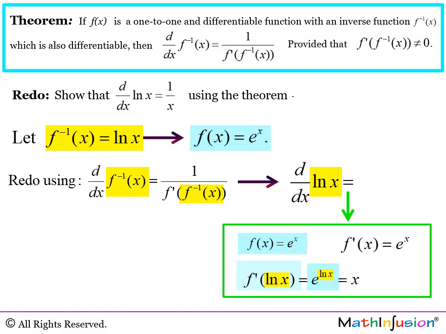But if you see, in the denominator here, we have f prime of f to the negative 1 of x, which means it's going to be now f prime of ln of x. f prime is e to the x, so f prime of ln of x is e to the power of ln of x, which is just x. And we get that this is just 1 over x.